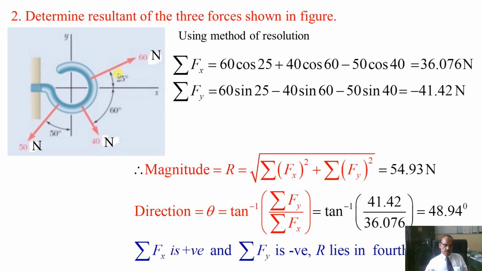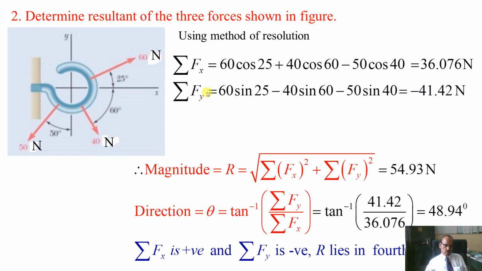Similarly Fy, you see this force, if you resolve, vertical component will be upwards 60 sin 25, whereas this force 40 sin 60 component will be downwards, that's why negative. Similarly this force component 50 sin 40 downwards, and that's why negative, will be equal to minus 41.42 Newton.